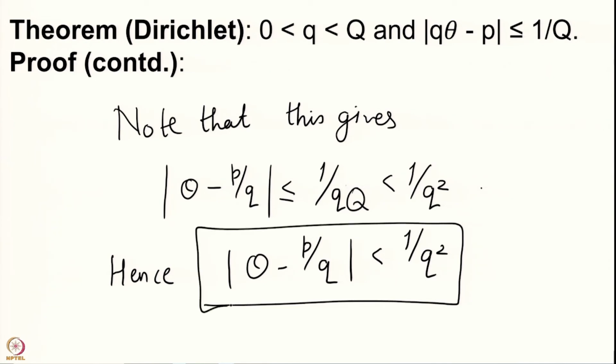This is what we call a good approximation to our theta by a rational number. What we have proved is that you choose any capital Q. For that capital Q, we have a good approximation where the denominator is strictly between 0 and capital Q. So, we have a bounded denominator giving us a good approximation to our real theta.